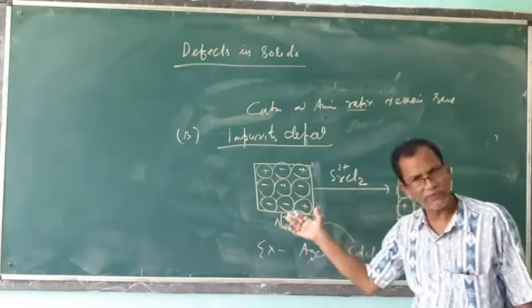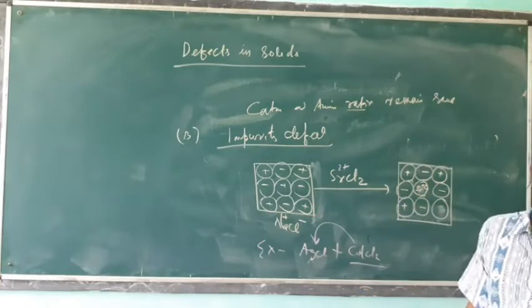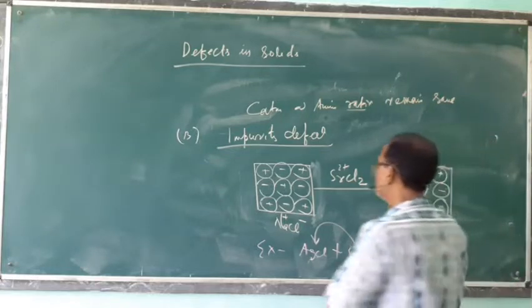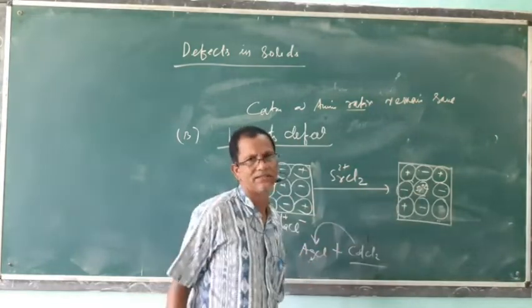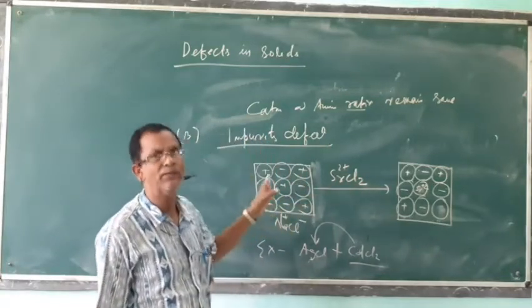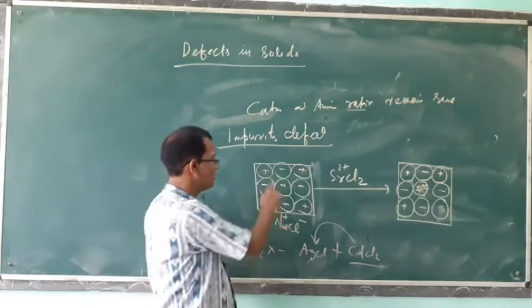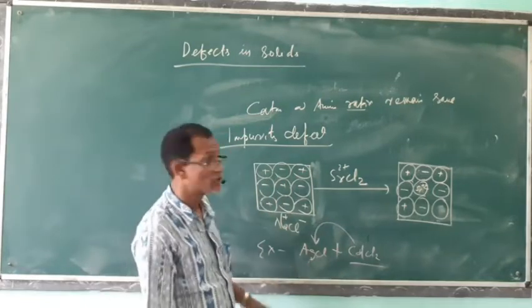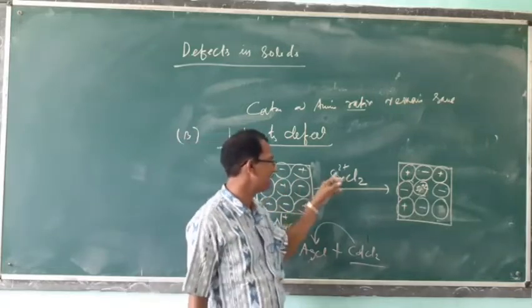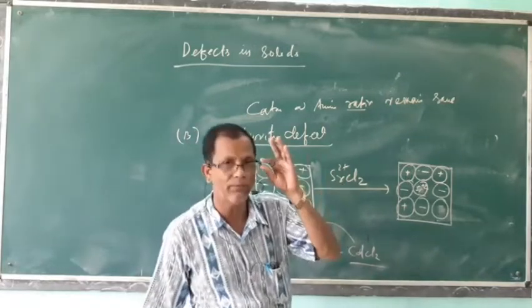Here, this type of defect is also a Schottky defect because both are missing. Particles are completely missing. So, here size difference is important because one cation is occupying the place of another. So the size should remain the same. Na+ size and Sr2+ size are comparable.